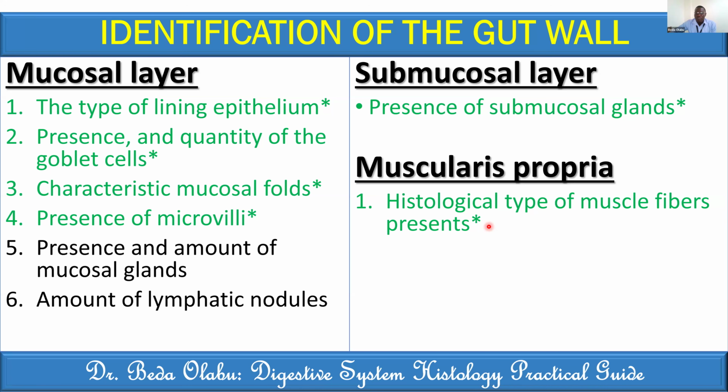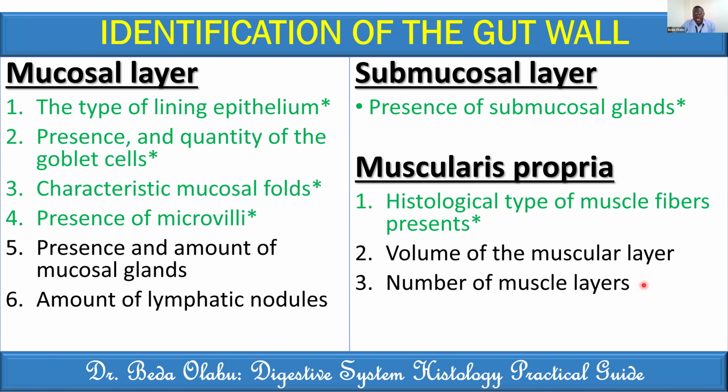Because most parts of the alimentary canal will have smooth muscles. The volume of the muscular layer is a very difficult thing for you to use. We would imagine that we'll have thicker muscles at regions of sphincters and maybe stomach wall. That is very true. If you've not trained your eyes to pick what is a lot and what is little for muscles, you may be lost there.